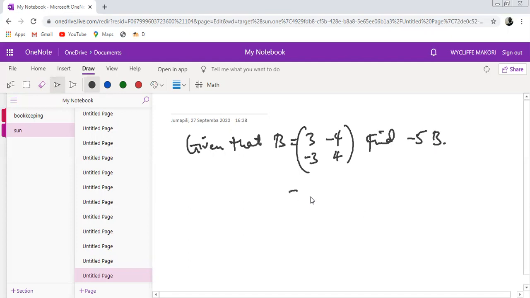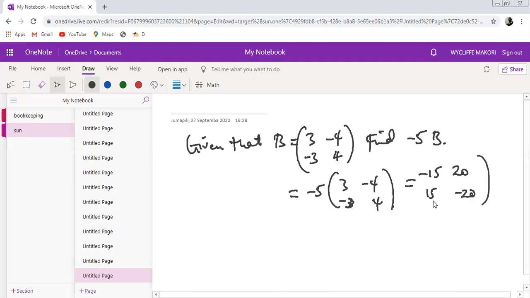It is going to be the same. Negative 5 into bracket 3, negative 4, negative 3, 4, which will give you what? Negative 15. Negative and negative will be positive 20. Negative and negative will be positive 15. And this one negative 20. That is the solution. This negative multiplies each and every element in that particular matrix.